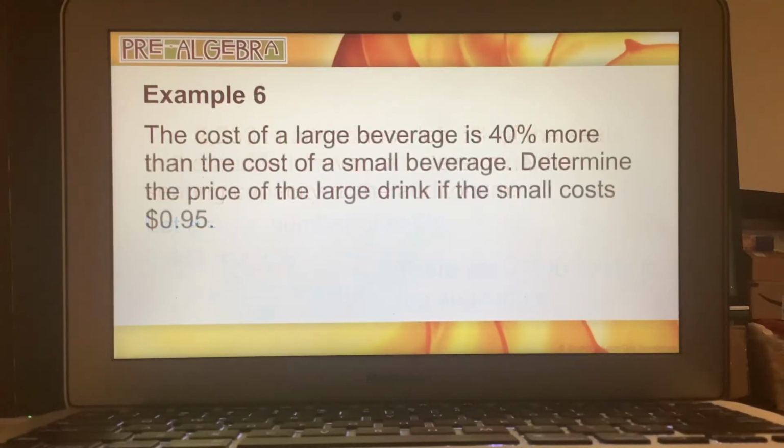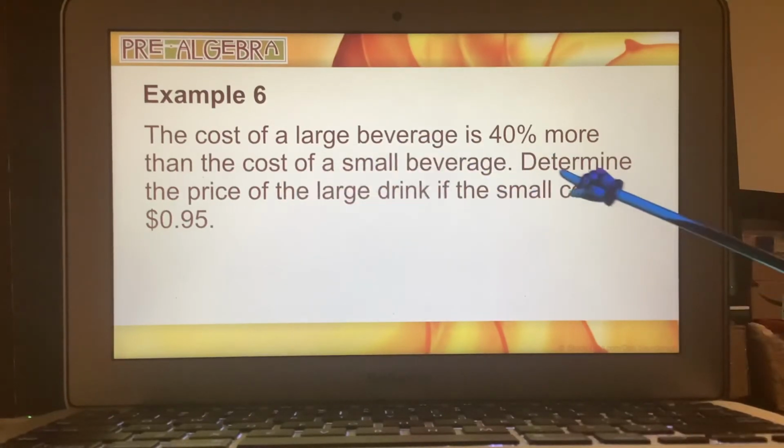The next example here, we have the cost of a large beverage is 40% more than the cost of a small beverage. Determine the price of the large drink if the small costs 95 cents. So, first we have to look at the question.